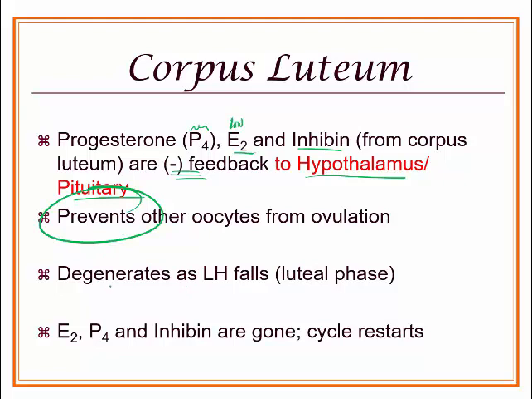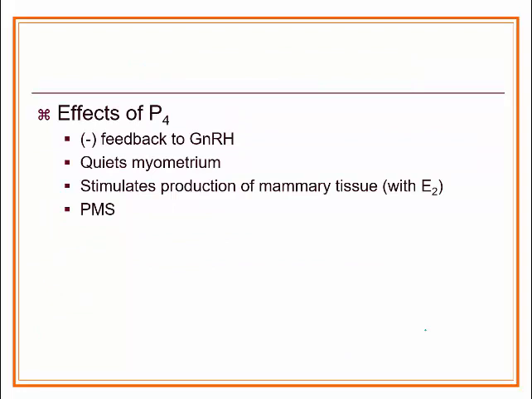And if the corpus luteum dies, there's no more estrogen, progesterone, or inhibin. And if there's no more of those, the hypothalamus is like, woohoo, I get to do my thing. And we get more gonadotropin-releasing hormone, and that whole cycle starts all over again. We're going to describe that in more detail in a moment.